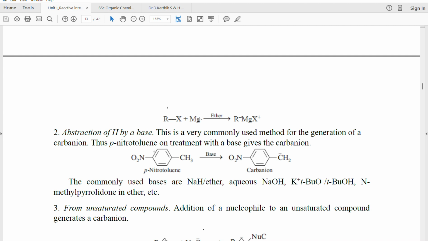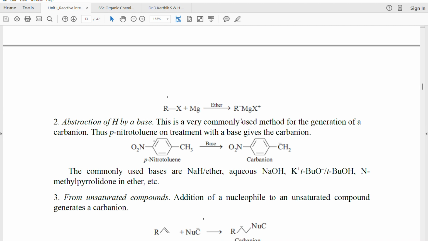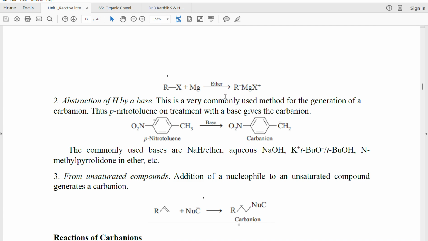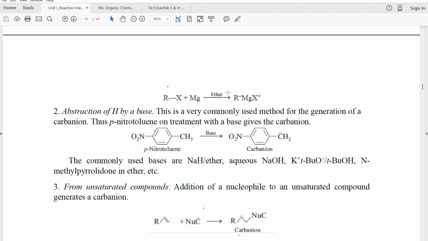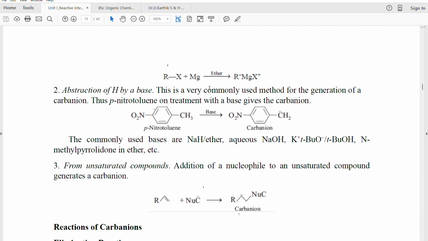So this magnesium immediately reacts with the alkyl halide, and it makes the alkyl group more electronegative. Okay, so where it can produce the carbanion, as R minus. So this is one of the methods, by Grignard reagent method. So we can produce the carbanion from alkyl halides.